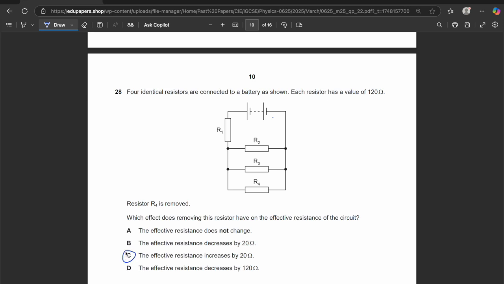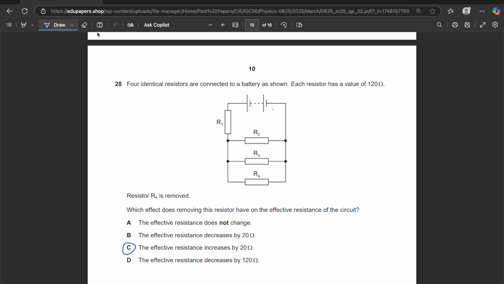But you can confirm by calculating as well, though that would take more time. You need to know this formula, where 1 over resistance is equal to 1 over R1 plus 1 over R2, and so on.